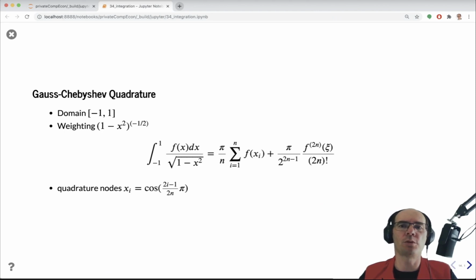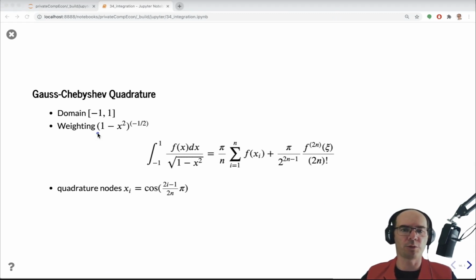We just have to choose one from the menu of these Gaussian quadratures that suits us best from some standpoint, and then just use that in the numerical implementation. So let me go through this list and leave the practical exercise for the next video where we will actually implement it. So first on the list is the Gauss-Chebyshev quadrature based on the Chebyshev polynomial.